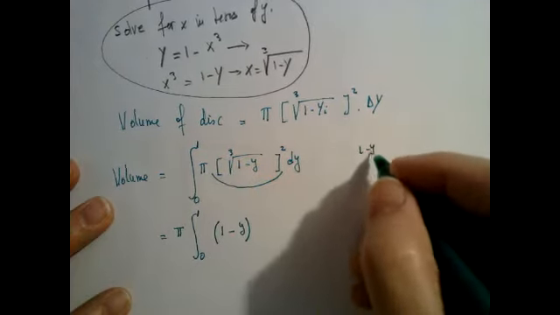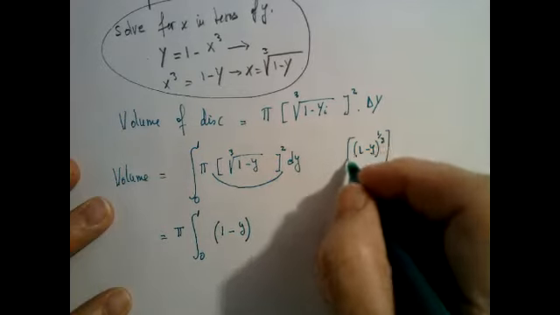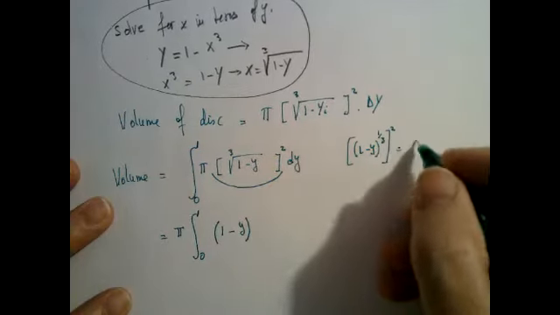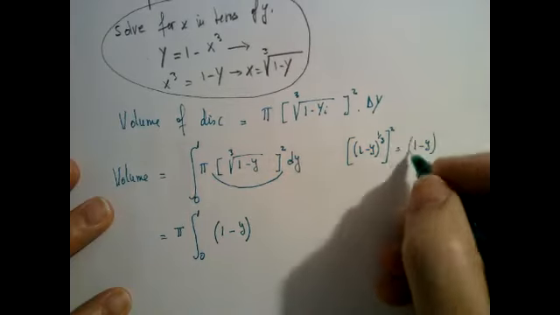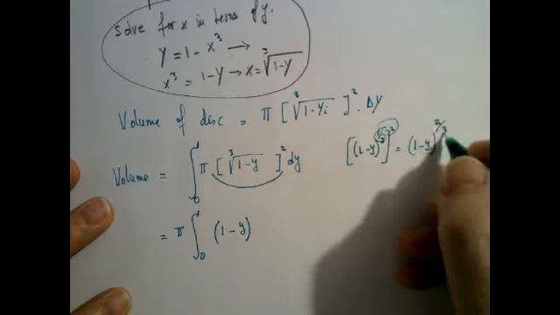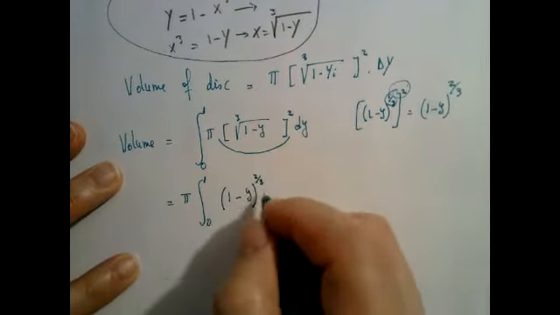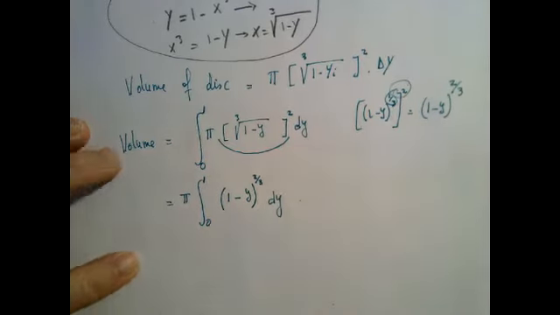So we have 1 minus y to the power a third. The whole thing, you square it. It means 1 minus y, a power to the power, you multiply the powers, to the power 2/3. And that's what gives me to the power 2/3 dy.